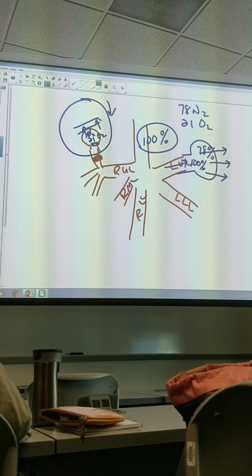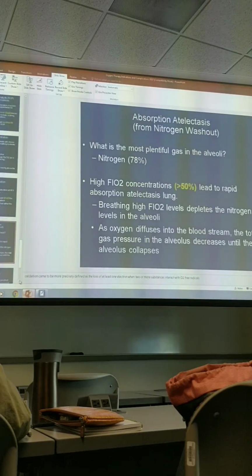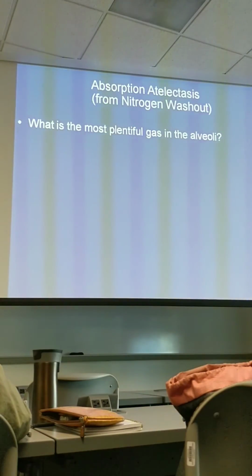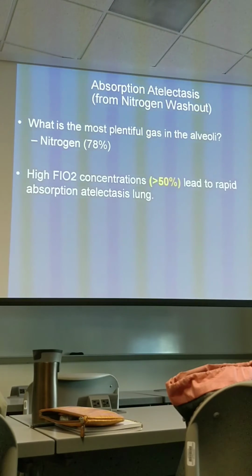The nitrogen is eventually going to be flushed out and you'll have alveolar collapse again due to nitrogen washout. The most plentiful gas in the alveoli is nitrogen, 78%. FiO2s greater than 50% lead to rapid absorption atelectasis. Absorption meaning the nitrogen got absorbed into the bloodstream.